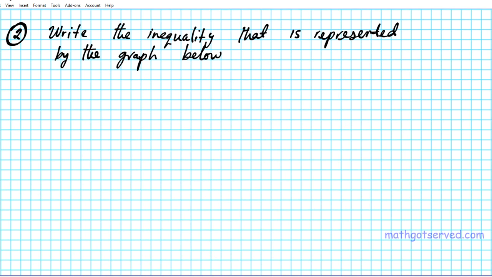Okay, so let's say we have the following inequality, something like this. And let's say you have at point 3, you have an open circle, and it's going to the left. Now, can you write an inequality for this scenario right here? Well, we know that it's going to the left.